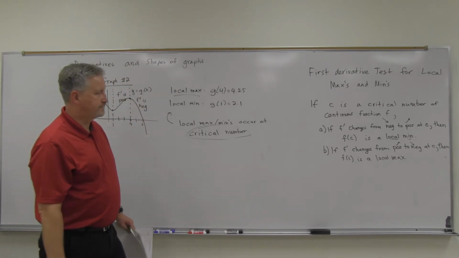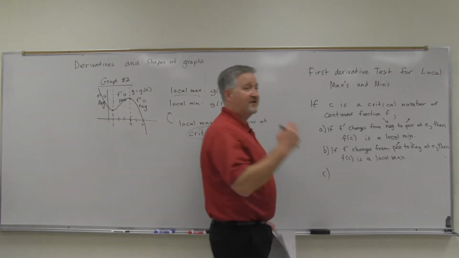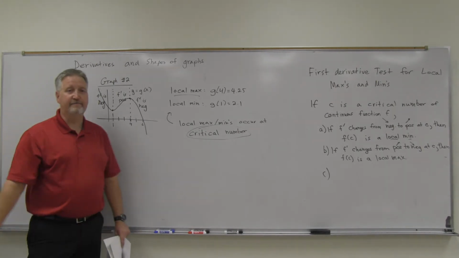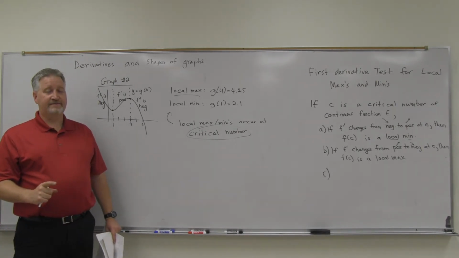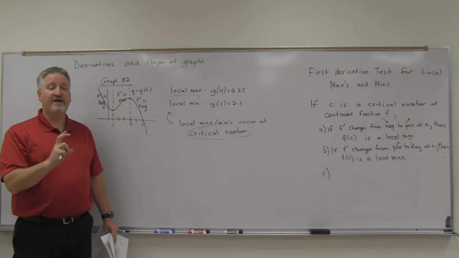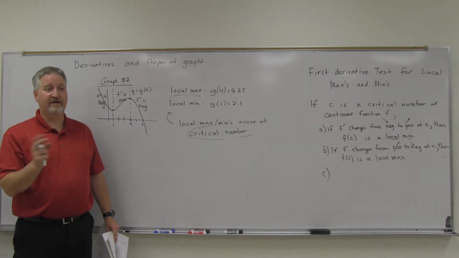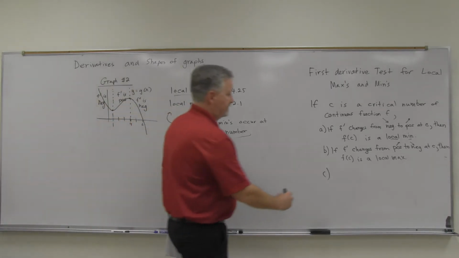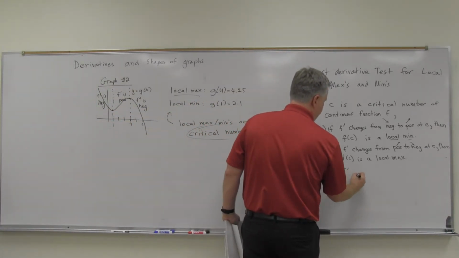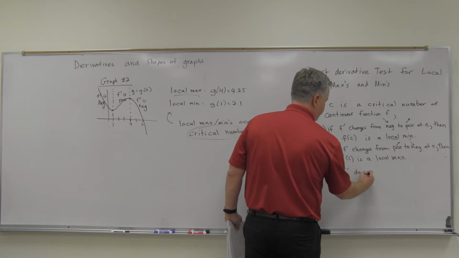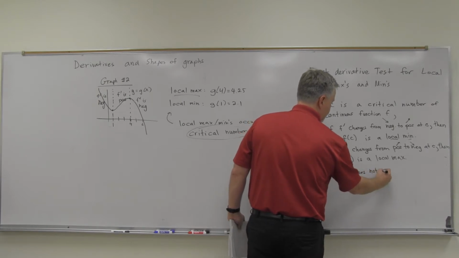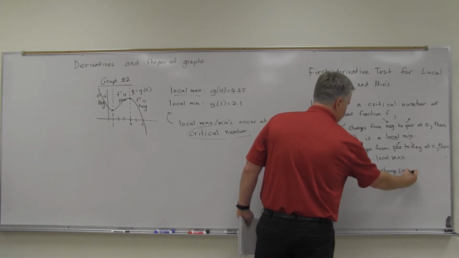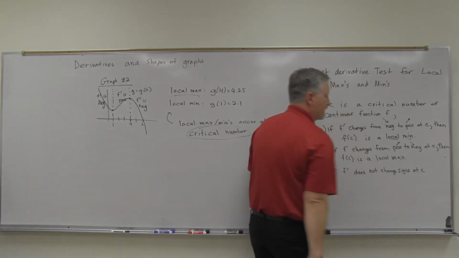All right. Now, there's a third thing that could happen. We didn't have it happen in this graph, but what could happen is it doesn't change from positive to negative or negative to positive. If neither one of those occurs, in other words, if f prime does not change signs at C, well, how could that happen?